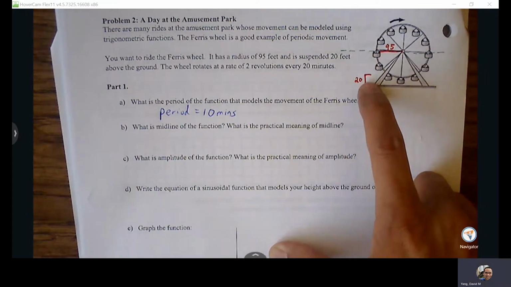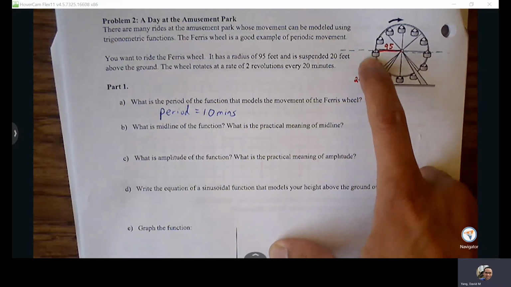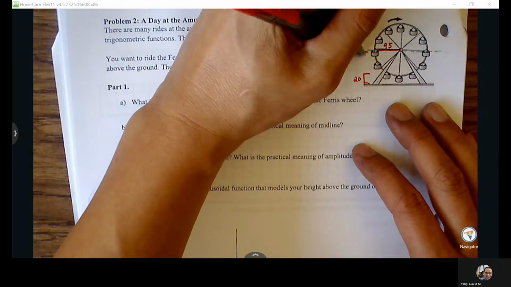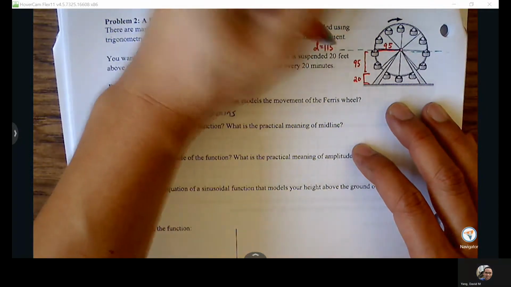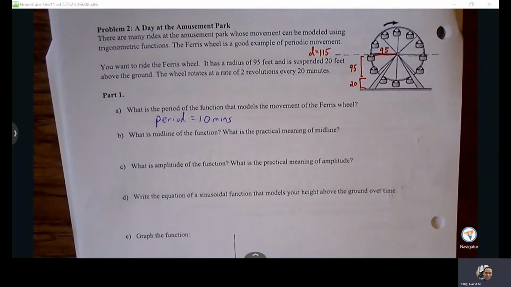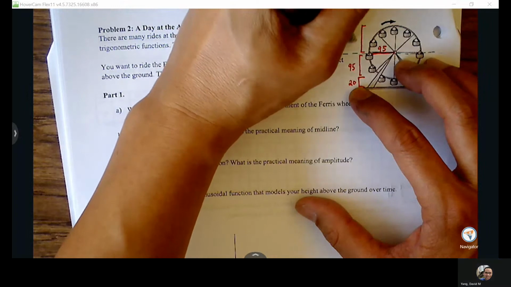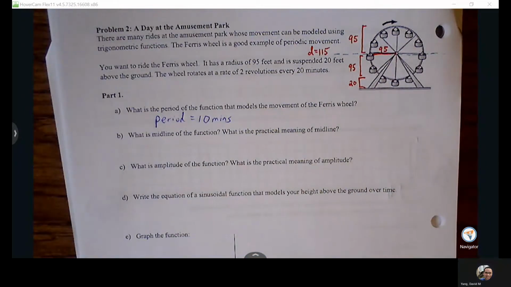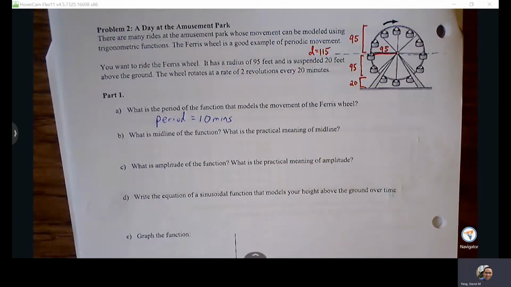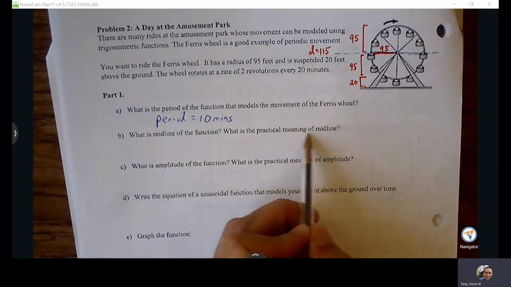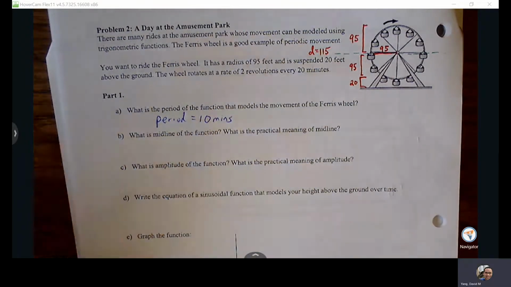Good. So we know the 20 is the lowest point of the circle. We add on the radius. So we know that's our midline. There's another 95 up here. Okay, so midline, we can think of it as the average height of the ride.